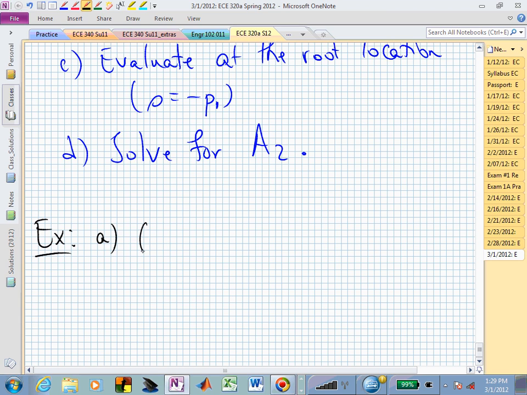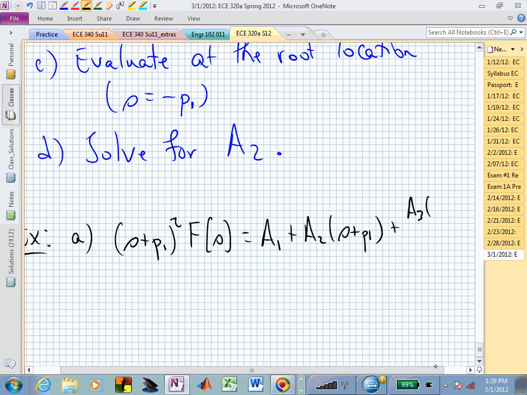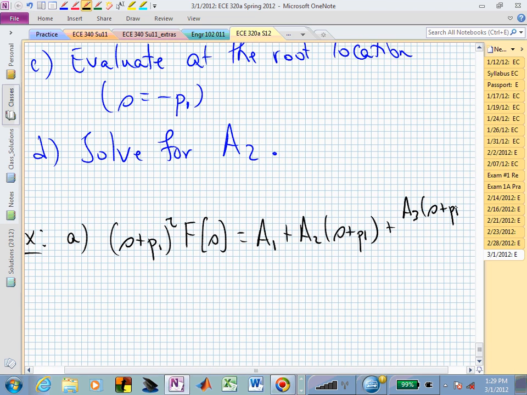Step A was we have s plus p1 squared times f of s is now equal to a1 plus a sub 2 times s plus p1 plus a sub 3 times s plus p1 squared over s plus p sub 3.